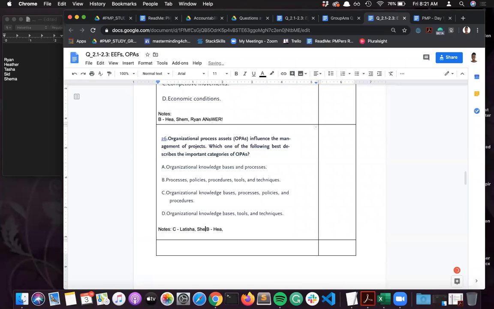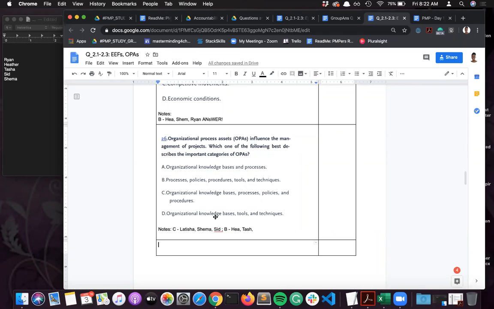Then we have Seema, and then Sid. So it's between B and C. Okay, it's actually a lot more C than B. Organizational knowledge bases, policies. So my thing about C and D, I don't know, this knowledge base thing. I'm gonna go with Heather and say B. I just feel like something sounds off about that. Okay, so 26 is C. Yay!